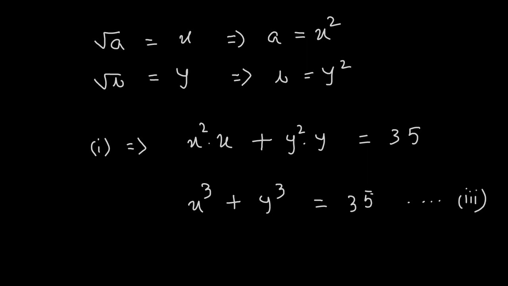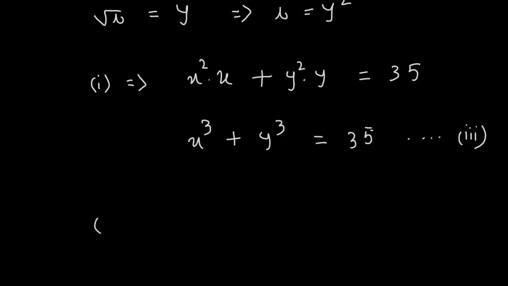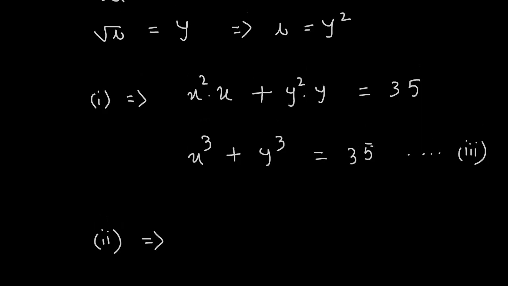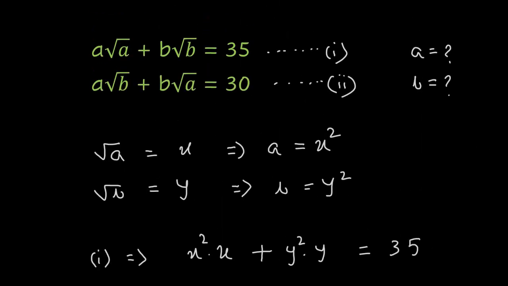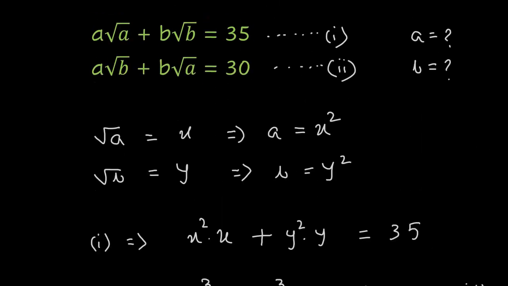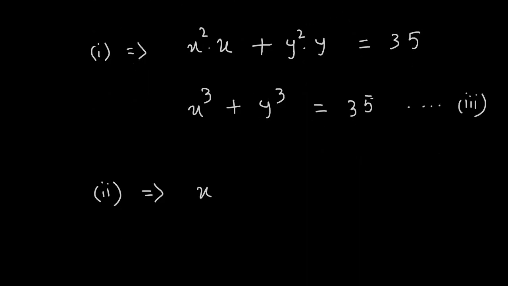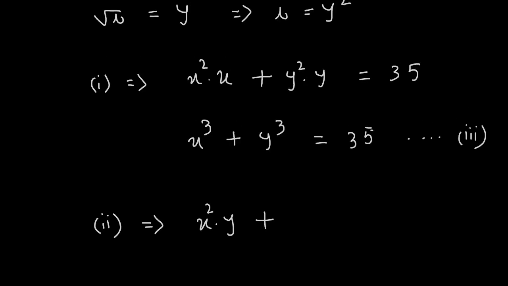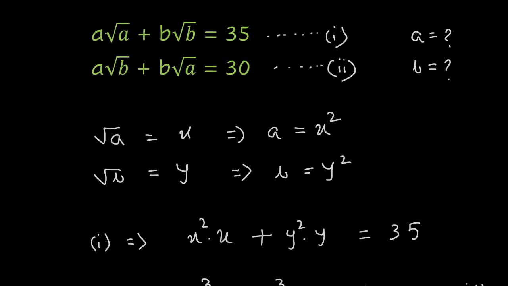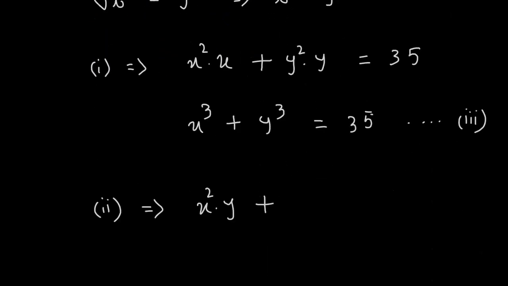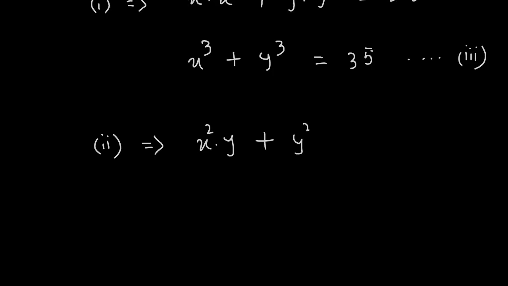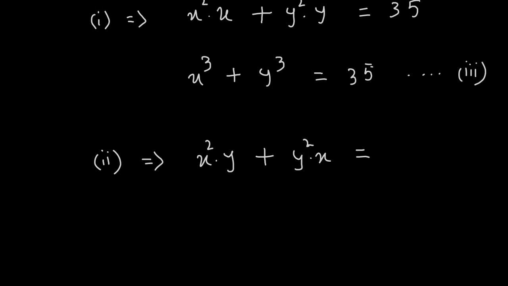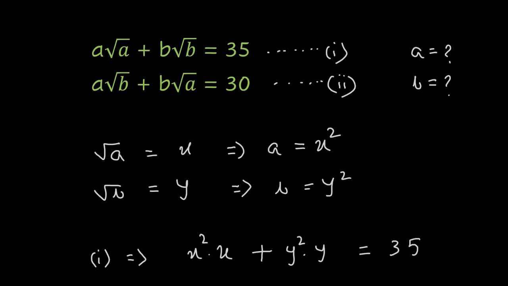And again, if we put the values in equation number 2, we have a times square root of b means x squared times y, plus b times square root of a means y squared times x, equals 30.